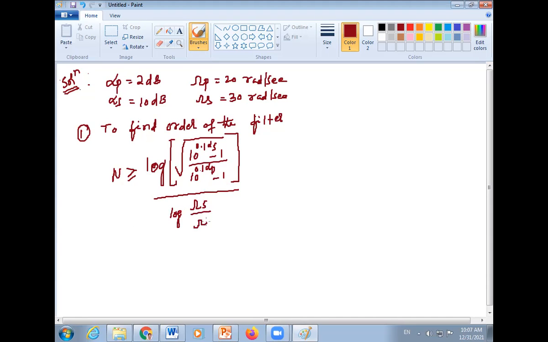Here we know the values of all these specifications. So let us substitute those values and get the answer.